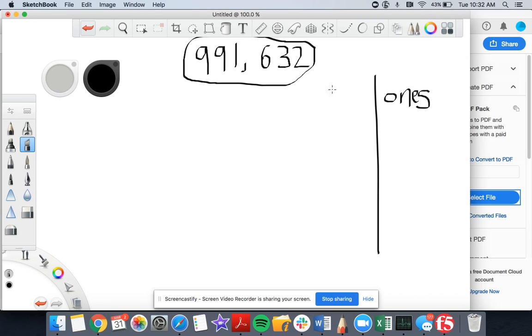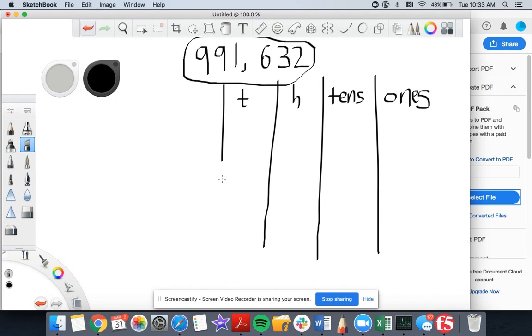So we have our ones, tens, hundreds, thousands, 10,000s, and then 100,000s.